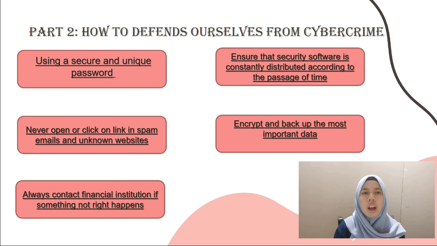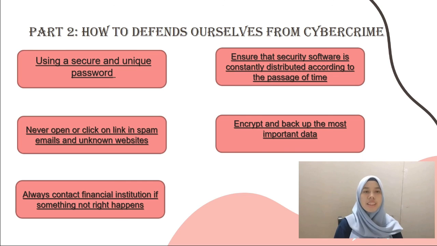To create a secure and unique password, we can use at least 10 letters, symbols, and numbers. To recall the passwords that have already been used, we can use a password manager program to remember them for us.